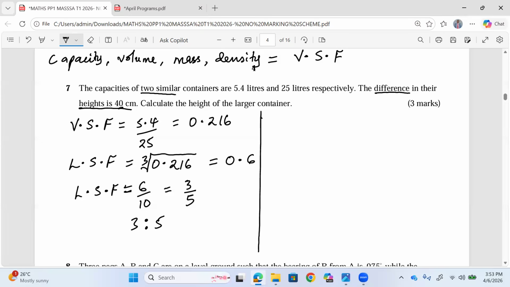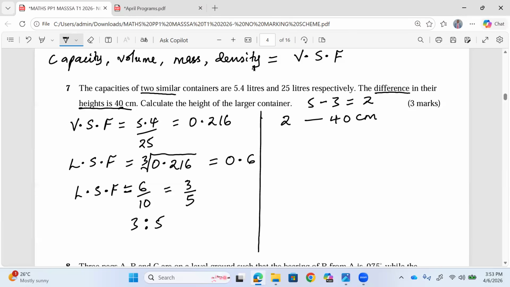So we have the two proportions here, which are different. How are the two proportions differing? 5 and 3 are differing by two proportions. So it is the two proportions difference which brings about the height difference of 40, such that we can say two proportions correspond to the 40 centimeters difference in length.